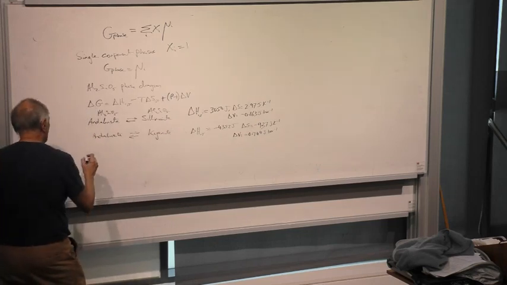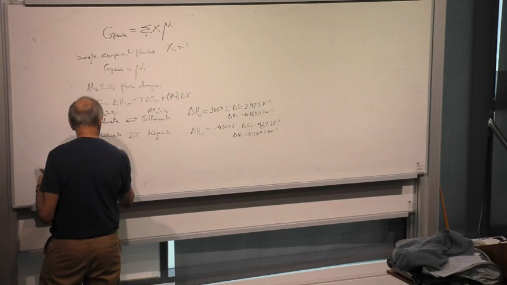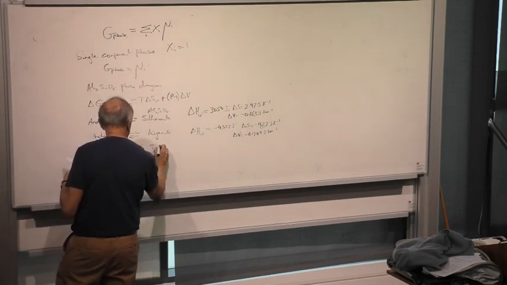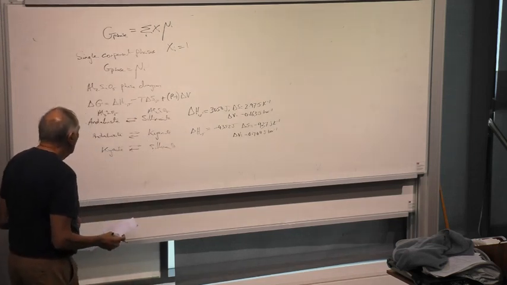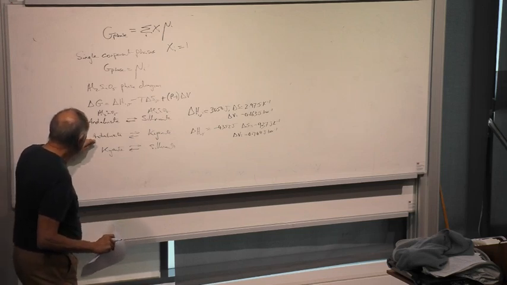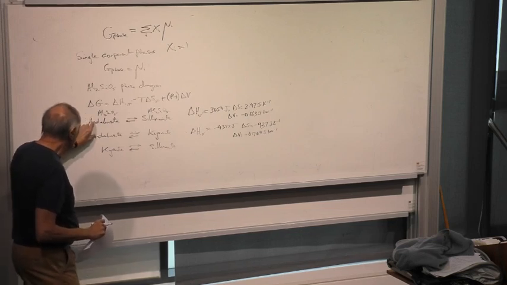And that's easy. We use Hess's law. We subtract this reaction from that one, and you can pretty easily see the andalusites cancel.